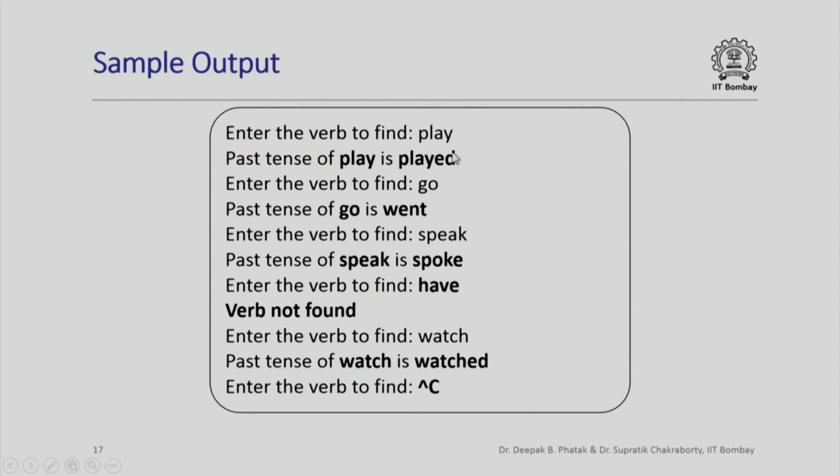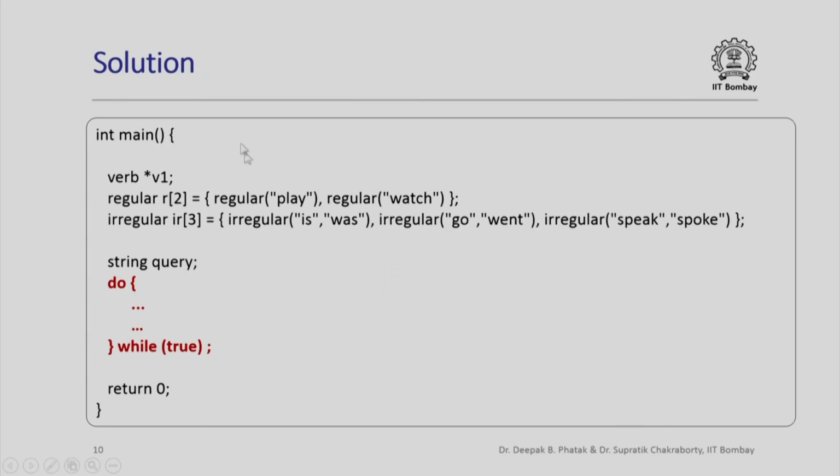Here we have highlighted the verb and the past tense of the verb using boldface. In reality, when you run the program on your console output, everything is going to appear in the same font. So if you enter play, then play is going to be found in the list of regular verbs. Remember, we had initialized the list of regular verbs with play and watch.